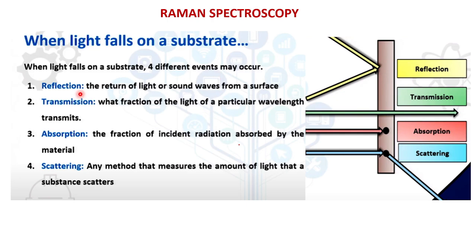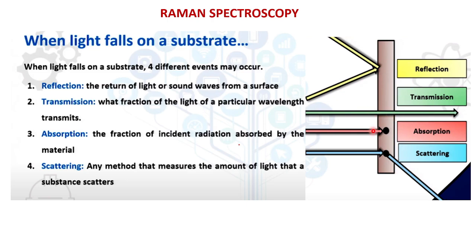So first is the reflection. That means the light incident at a specific angle on a substrate, and it is reflecting at the same angle. The next is the transmission. That is how much fraction of the incident light of a particular wavelength transmits through the sample from one side to another side.